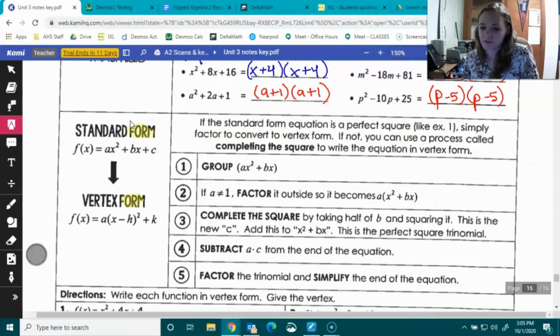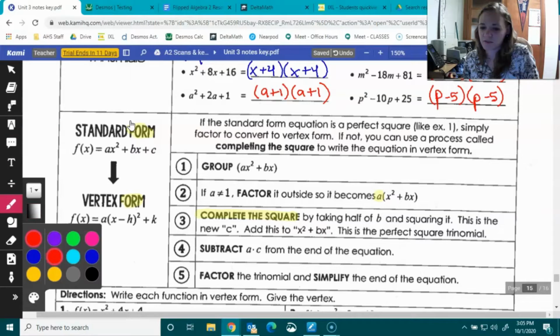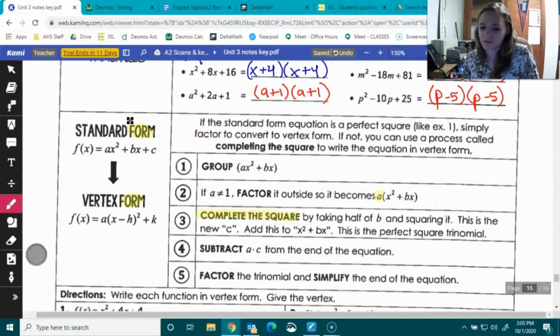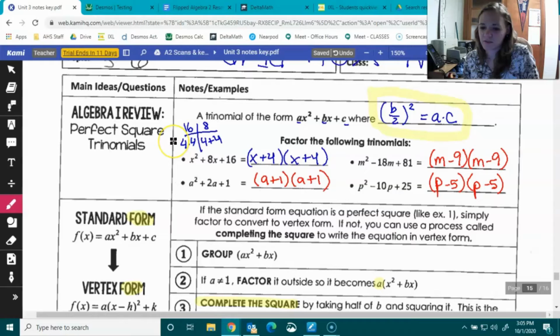So what you're going to do first is group your A and your B together in parentheses. If A is not equal to 1, you're going to factor the A outside so it becomes A in front of the rest of those values. After that, you will complete the square, which is that one formula I was referring to before. Let's see if I can draw this up here.